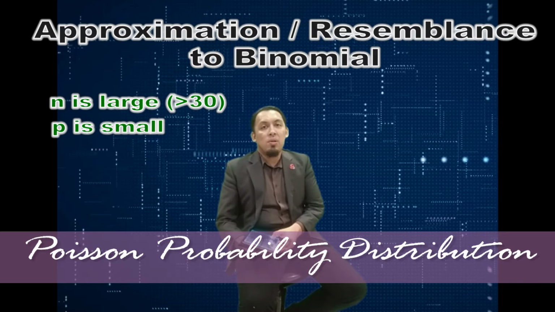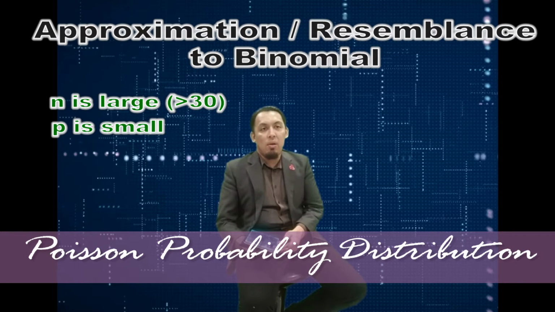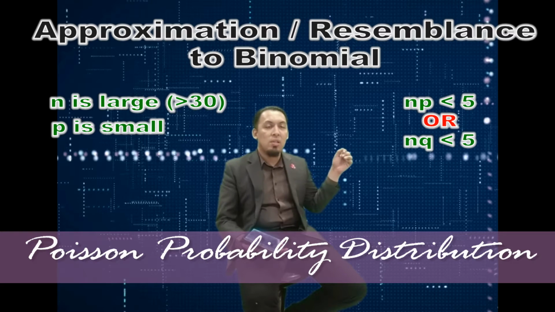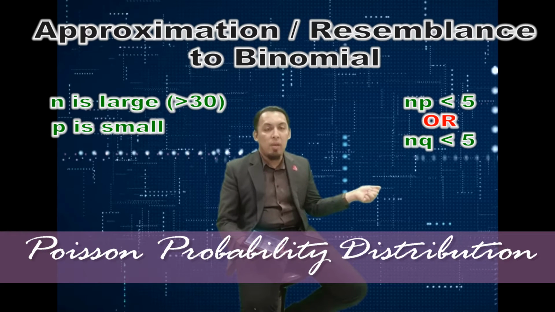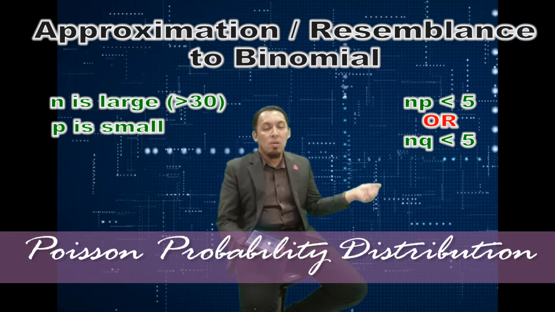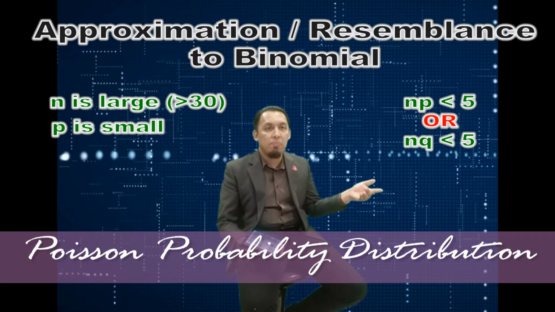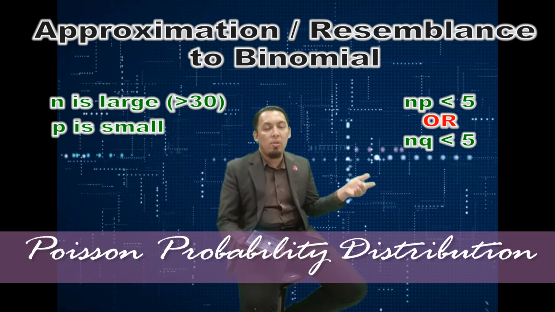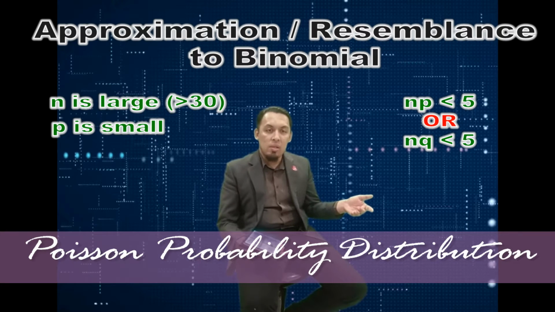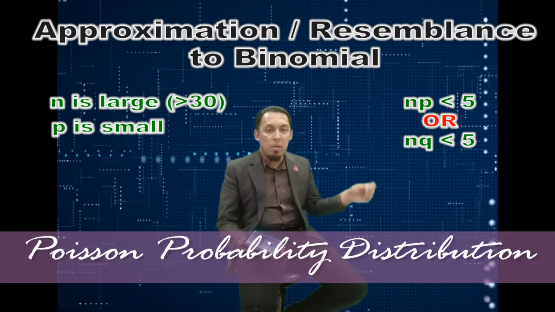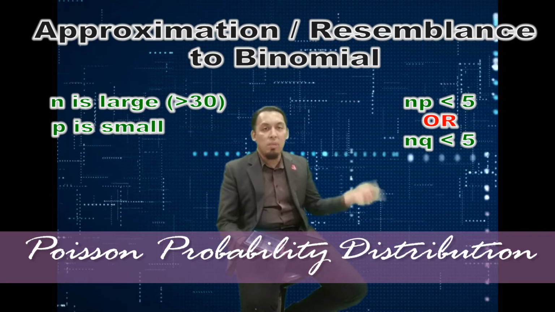Approximation can be made when this condition is met. So if you multiply n and p and get less than 5, you can use Poisson in solving binomial questions. Or if n times q is less than 5, you can do the same thing.